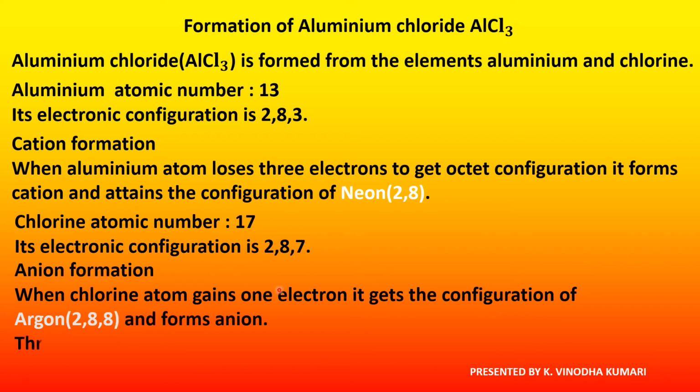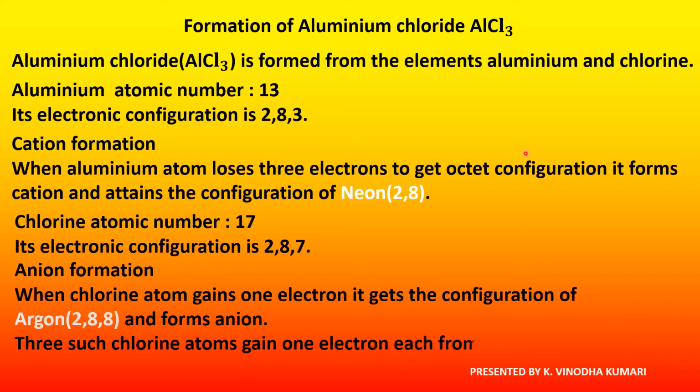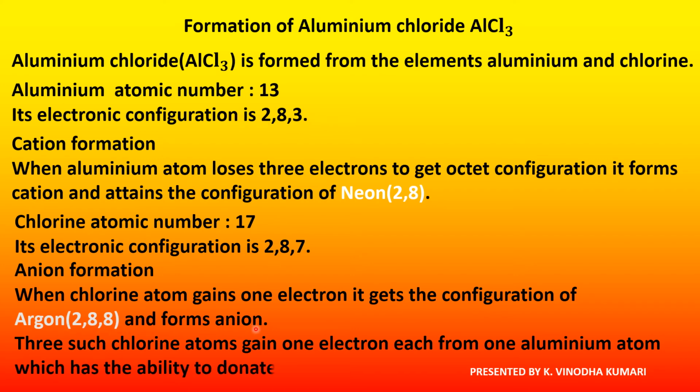So 3 such chlorine atoms gain 1 electron each, because aluminium has the ability to lose 3 electrons. These 3 electrons are donated to 3 such chlorine atoms which are short of 1 electron. So here aluminium forms the cation and chlorine forms the anion.